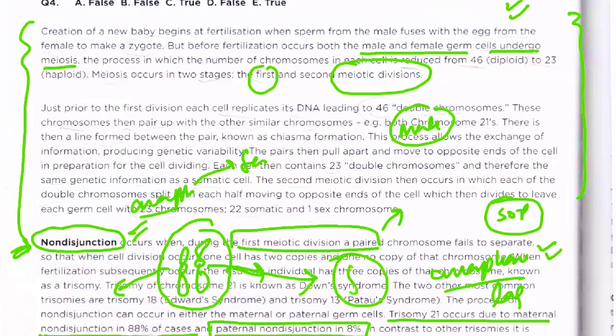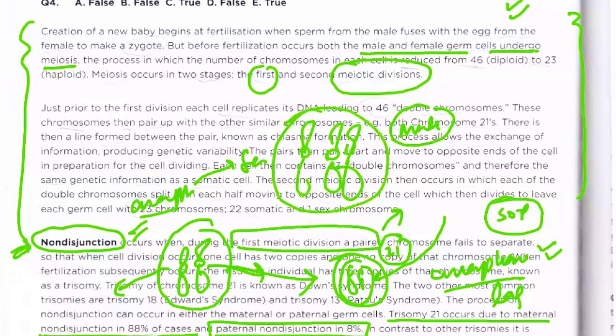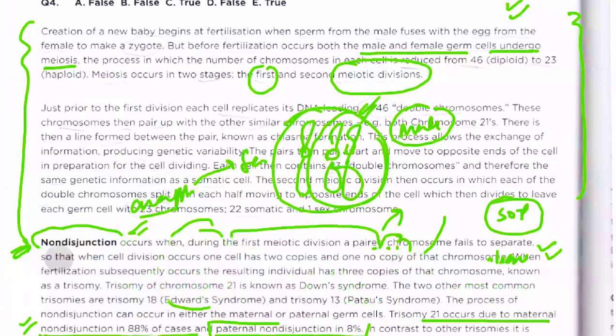At the level of chromosome 21, one will come from the father, and the non-disjoined chromosomes, both will go to the baby, and this baby will have three chromosomes. In the mother, this phase is longer, so maternal non-disjunction has 88% chances of producing a Down syndrome baby. Okay.